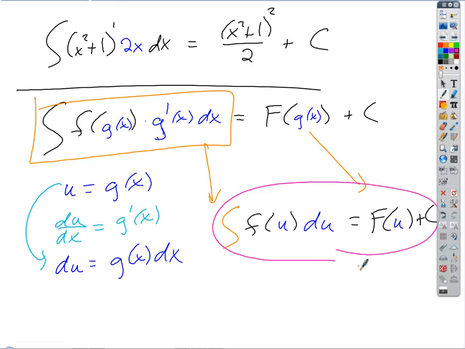Okay, so then our goal is, when we see problems like this, we want to ask ourselves, can we make a u substitution that's going to make this composition of functions look like a simple function? Okay, so let's just redo this one that we did up here using a u substitution.